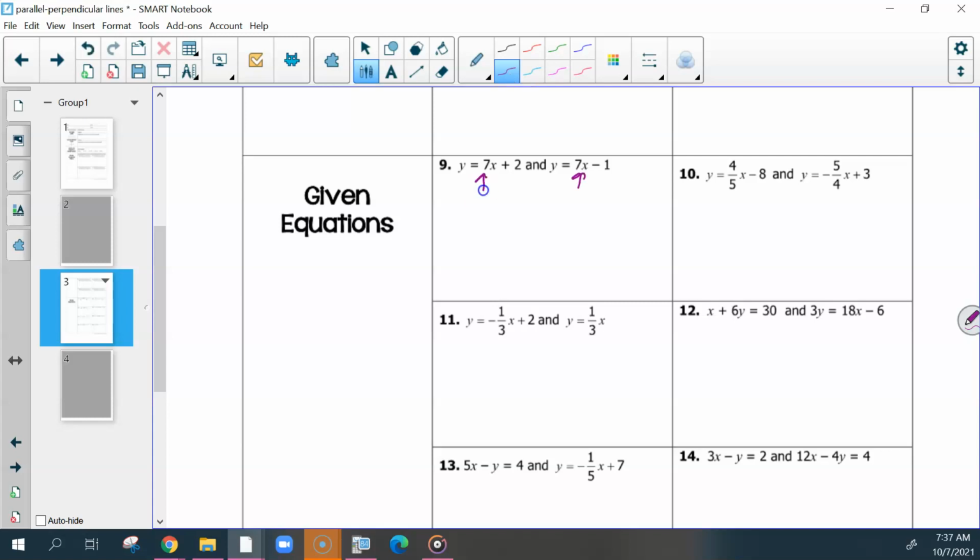So for these two, would these be parallel, perpendicular, or neither? Yes, because they're the same. For number 10, if we looked at these two slopes, would these be parallel, perpendicular?